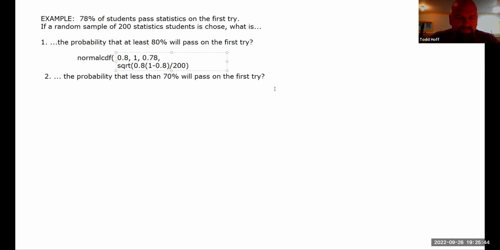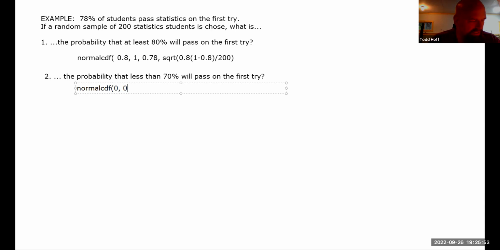Less than, of course, goes from negative infinity. But since it's a proportion, we could just go from 0 to 0.7. That's the 70%. With the mean of 0.78. And of course, the square root of 0.8 times 1 minus 0.8 divided by 200.